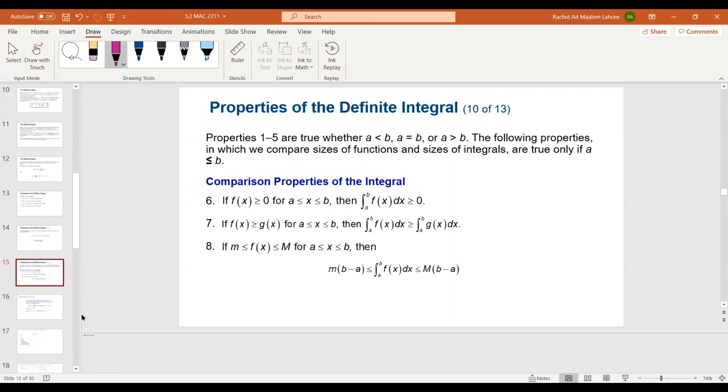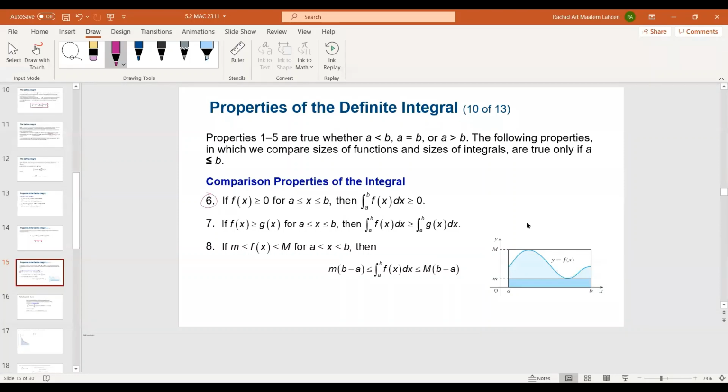This is, if it's positive, then that integral is positive, right? If f of x is greater than g of x, and so these properties are useful, and you'll get to work with them and understand them.